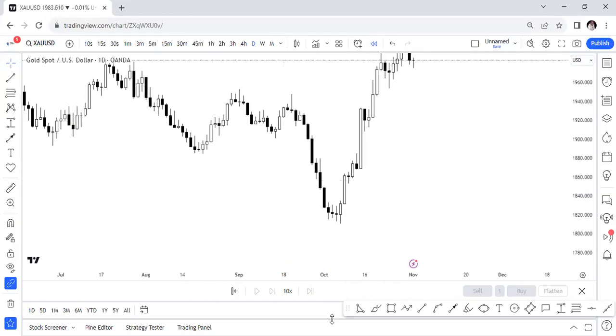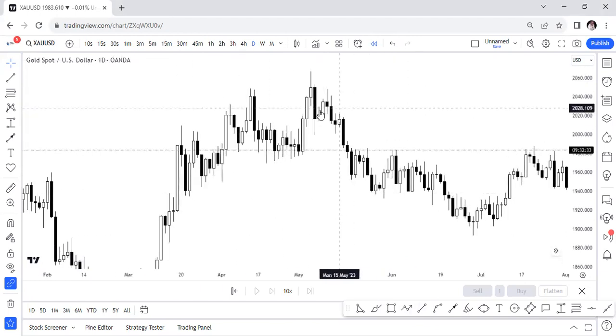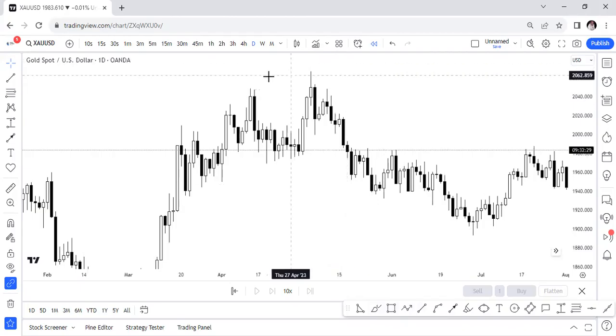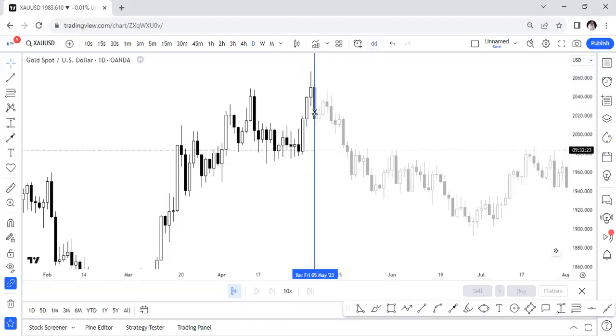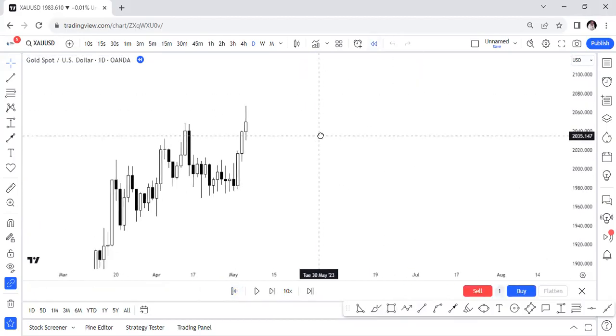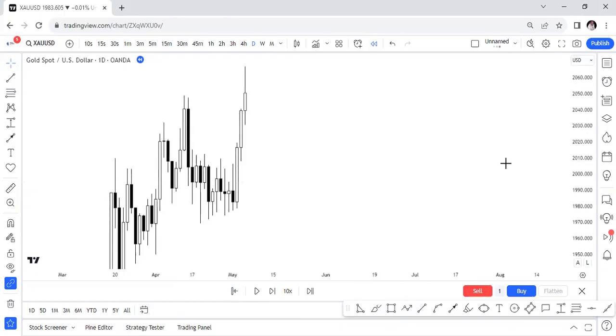Then we talk about other patterns that I want to show you. You see here, we have this. See here now. You can imagine this is a gap, right?